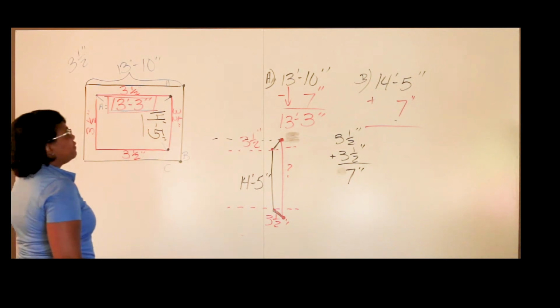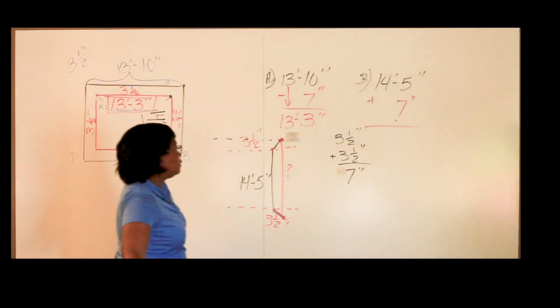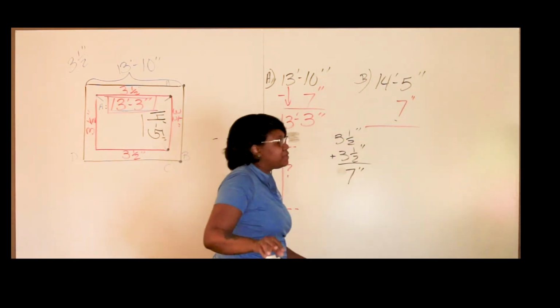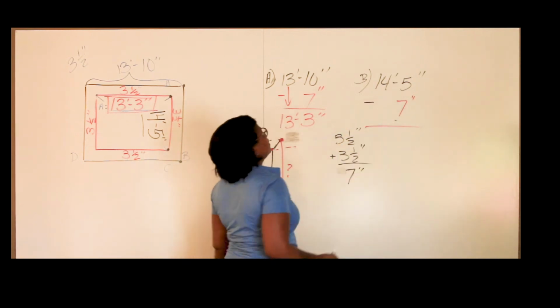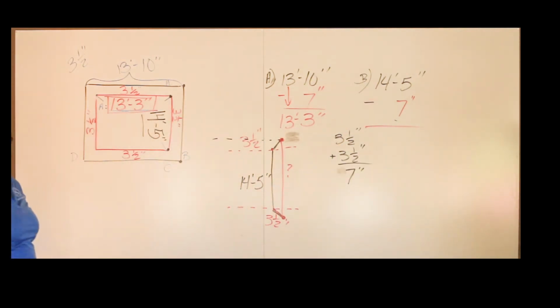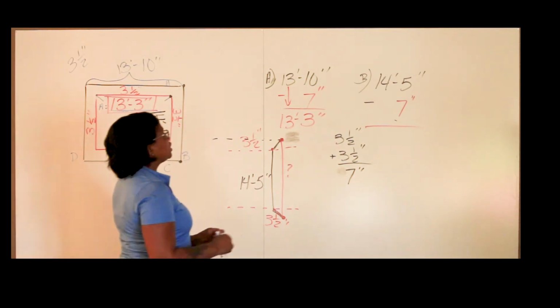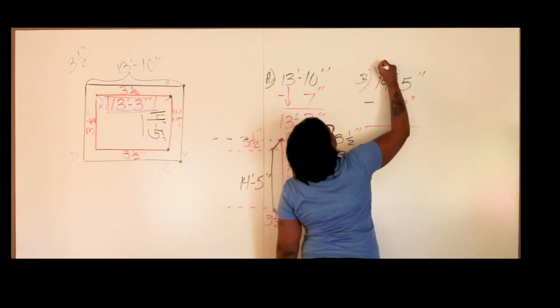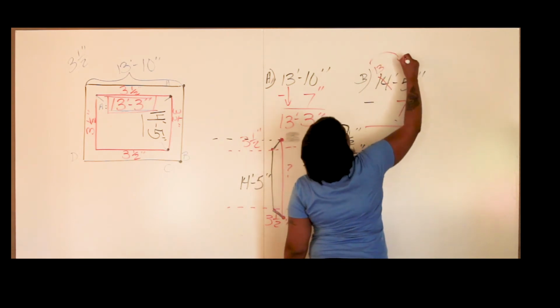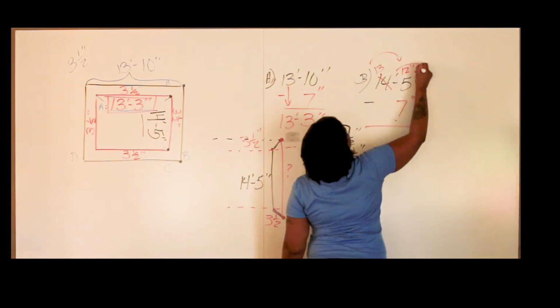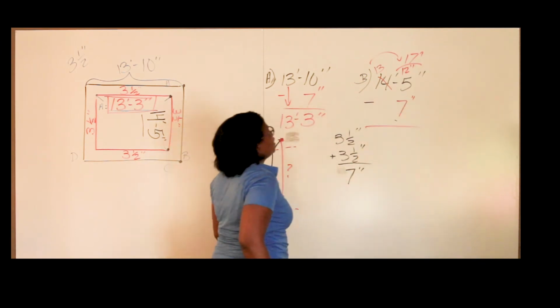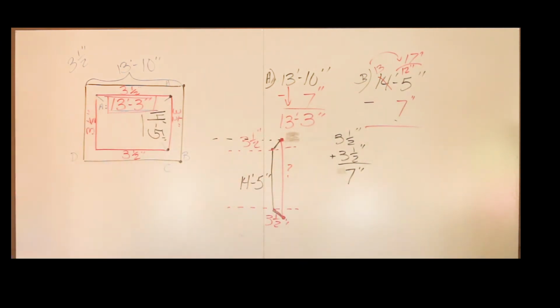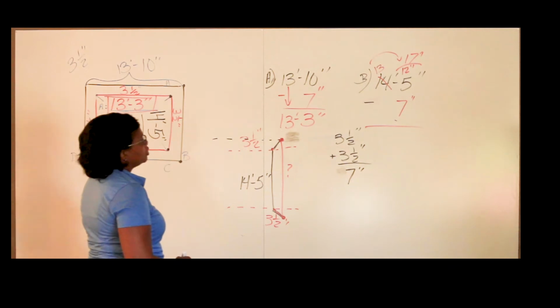All right, so 5 plus 7 is, hmm, don't forget about the borrowing process. 14 becomes 13, we borrow a foot, which represents 12 inches. So now we got 17 inches.